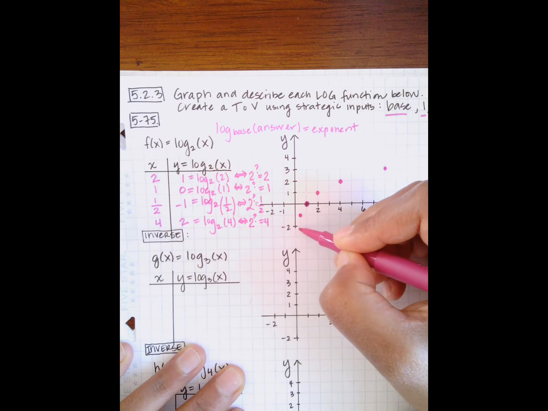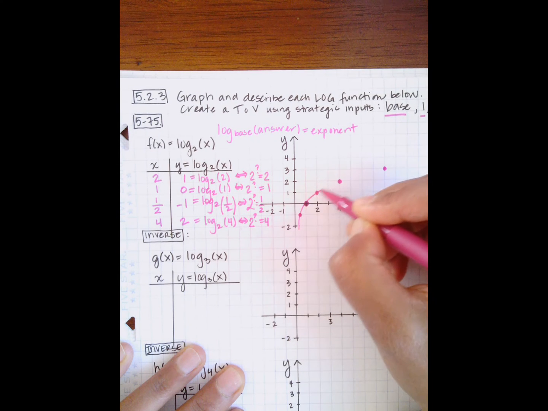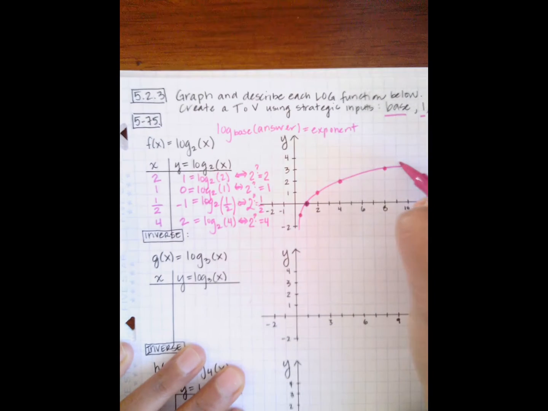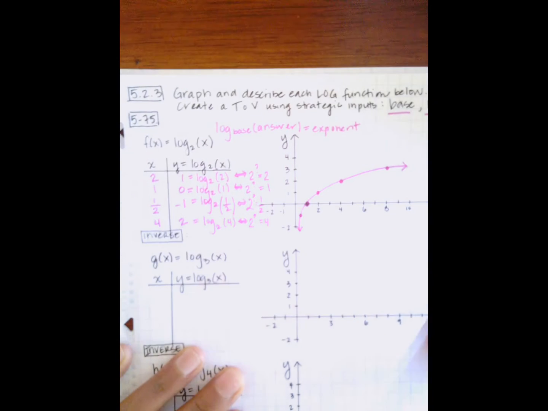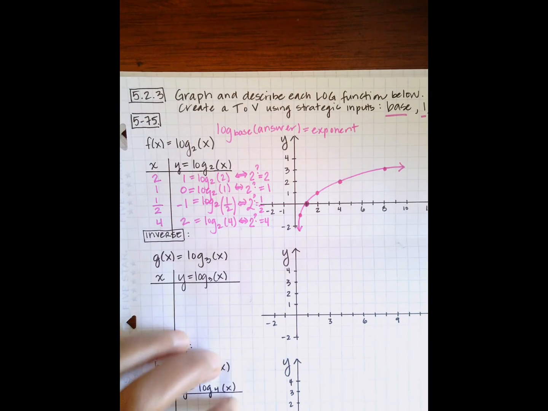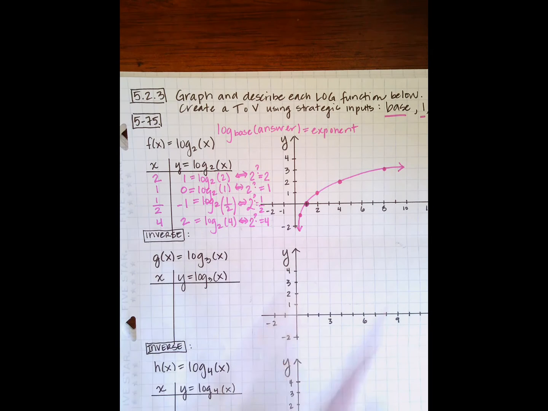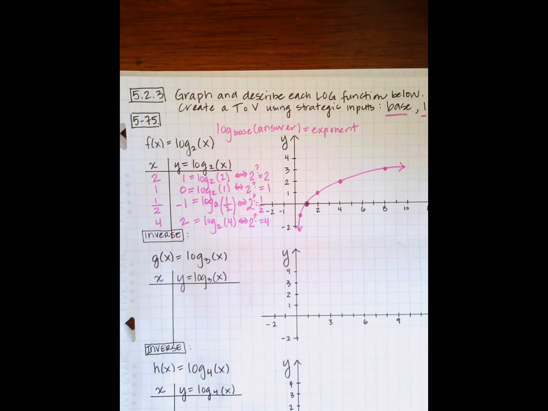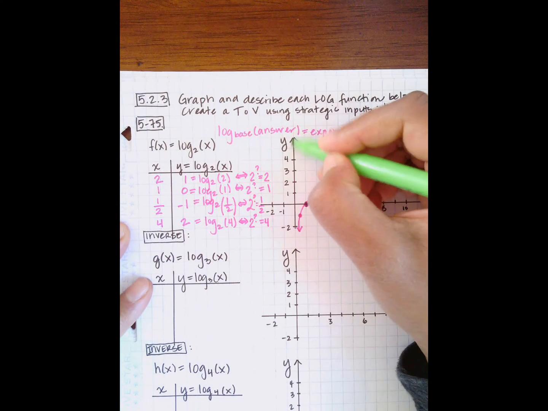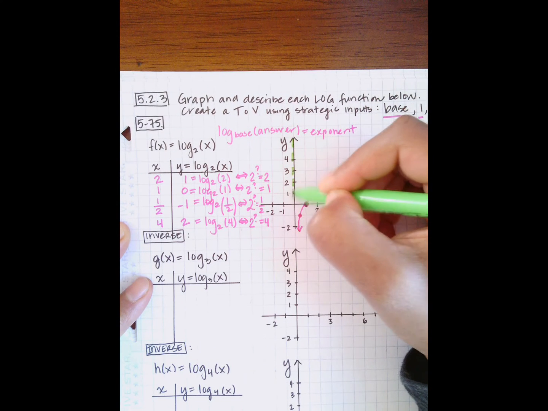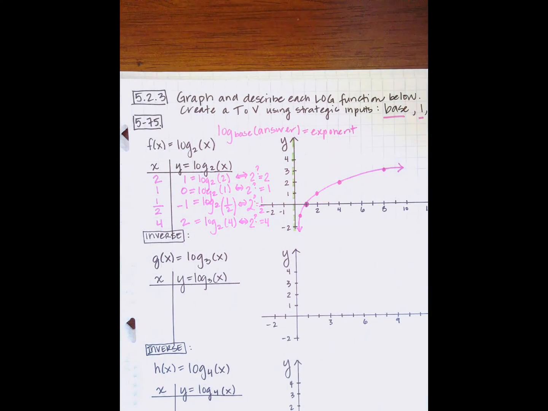So I'm going to go ahead and connect these. One thing to remember is that you should show that this logarithm graph continues on along next to the y-axis, but it never ever crosses over it, and you need to show that with an arrow. So I'm going to go ahead and highlight that there is a vertical asymptote for all logarithms along the y-axis.